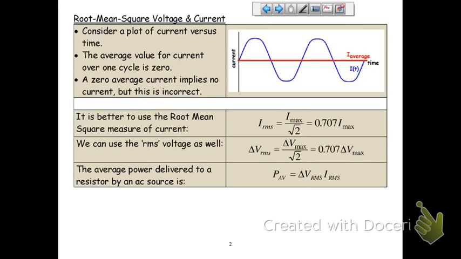So clearly we have to figure out a way of avoiding this problem of the average. We have to find a way of representing how much stuff is there. The curse of this is that a positive bit cancels out a negative bit, and a negative bit cancels out a positive bit. So let's get rid of all the negative bits: you square everything.